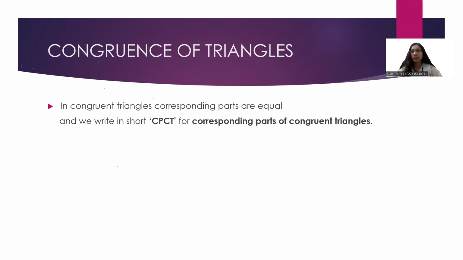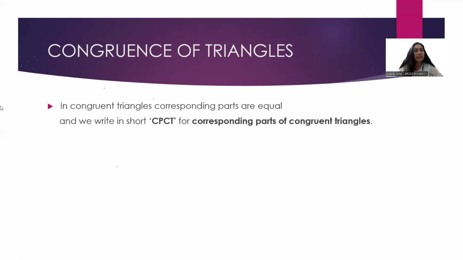telling one more point which is important regarding the congruence of triangles. See, if we have proved two triangles to be congruent, then we can say that any two sides or any two corresponding parts of the two congruent triangles are equal.